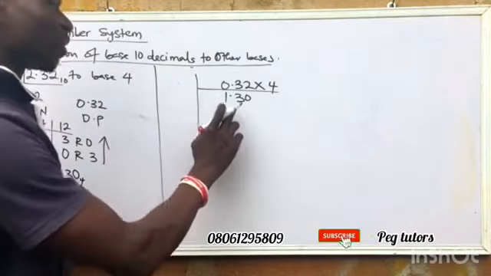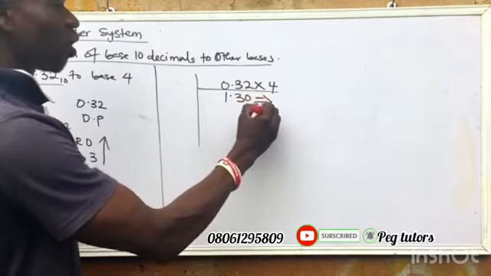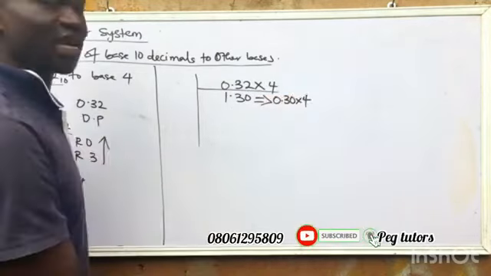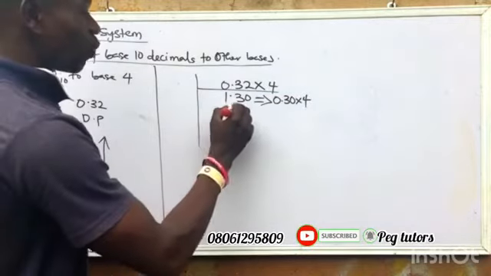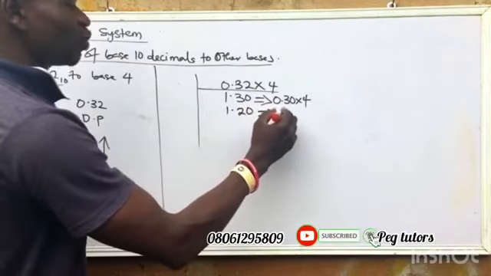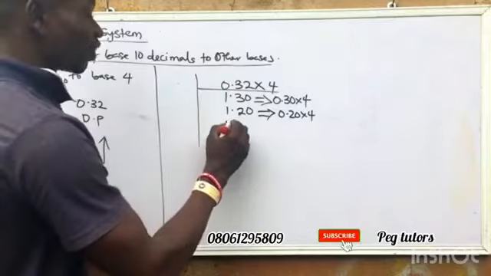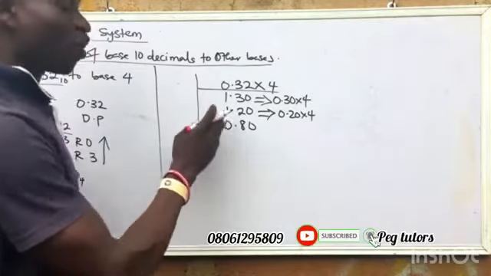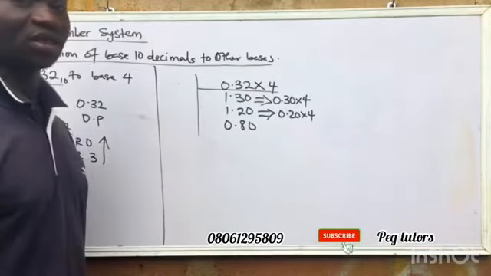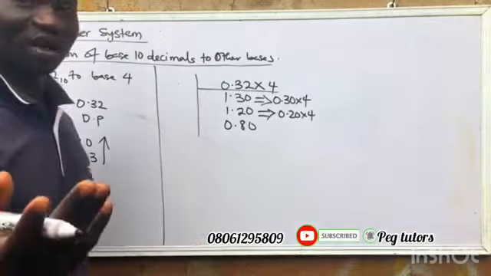So we go again by multiplying the decimal part by 4. 0.30 times 4 gives us 1.20. Again, 0.20 times 4 gives us 0.80. I will end here because by default we should end at 3 decimal places, but if otherwise stated, you can do up to any decimal place you want.